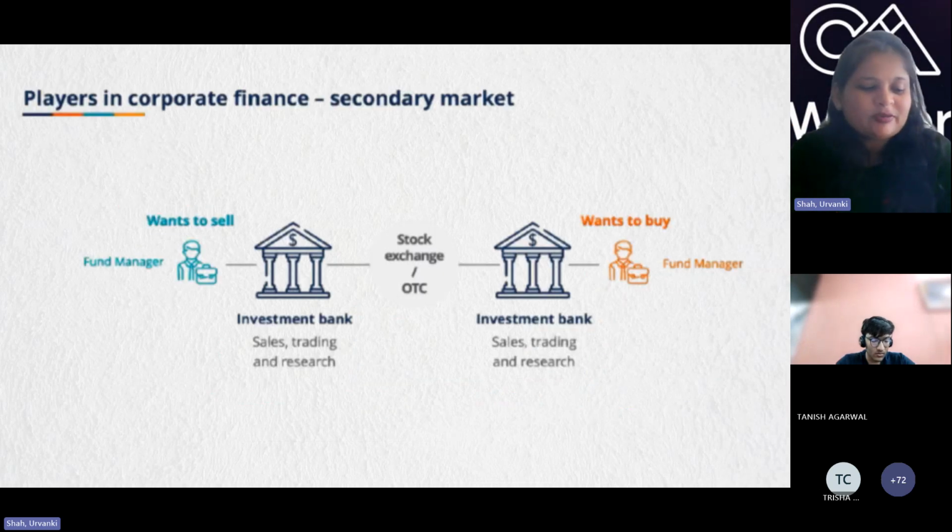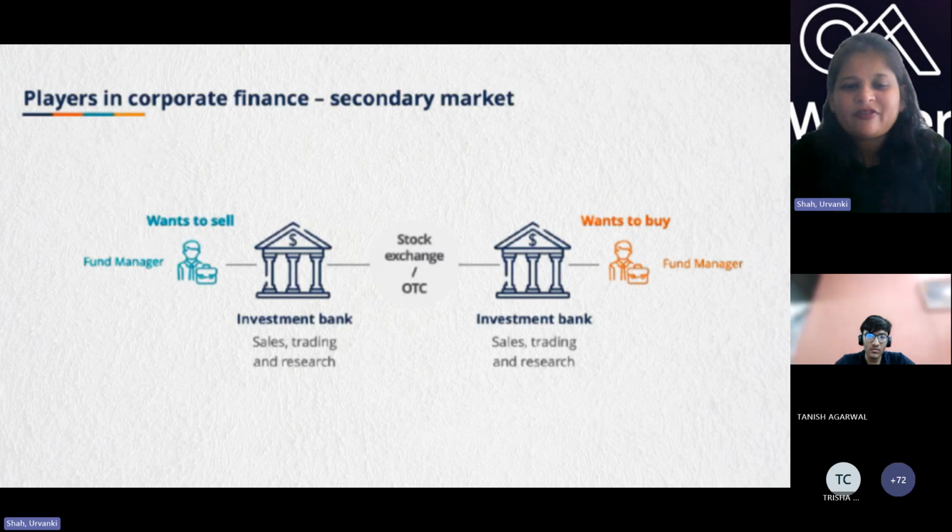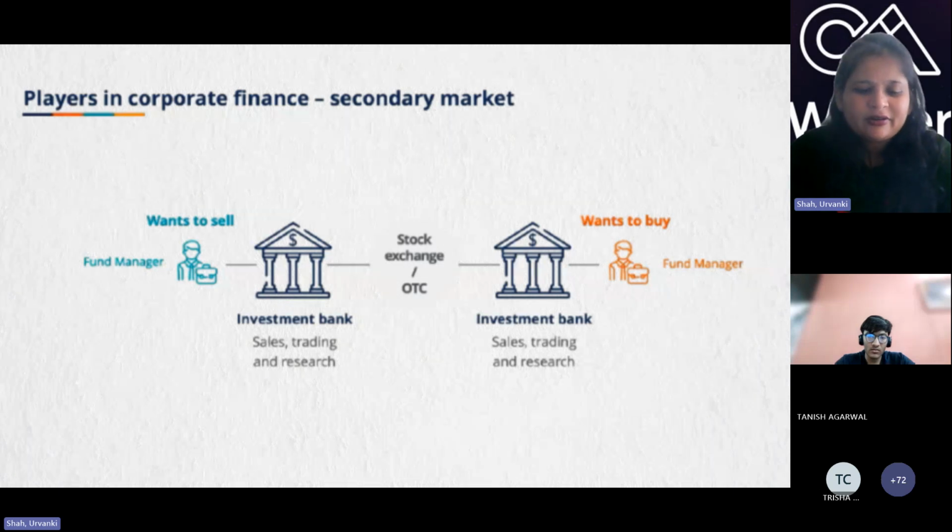Here there are two investment banks and they are buying intermittently. So they are dealing in a secondary market. They are not directly going to the primary market to buy shares from the corporations. They buy from internal IBs, right? It's a huge volume that they deal with day in, day out, right?